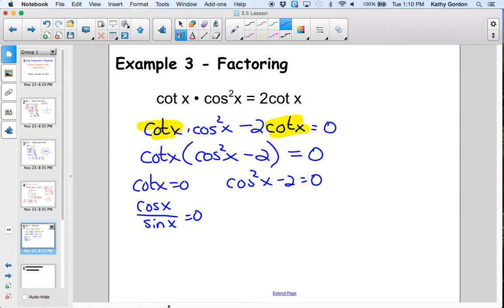When will cosine of x be 0? Is it going to happen in quadrants or on axes? On axes. So we've got to figure out which axes we're on, right? So is cosine related to the x or the y coordinate?